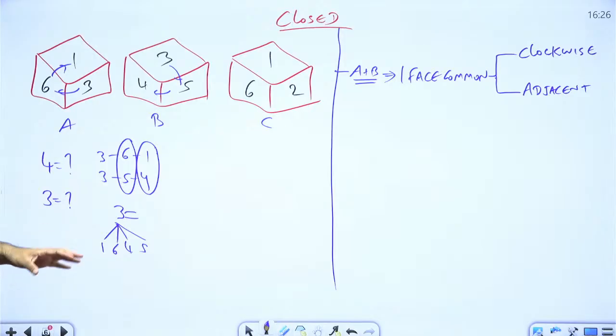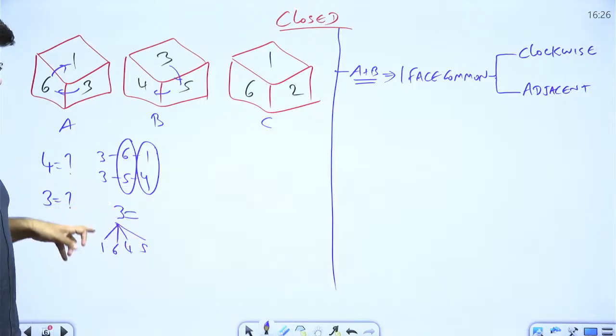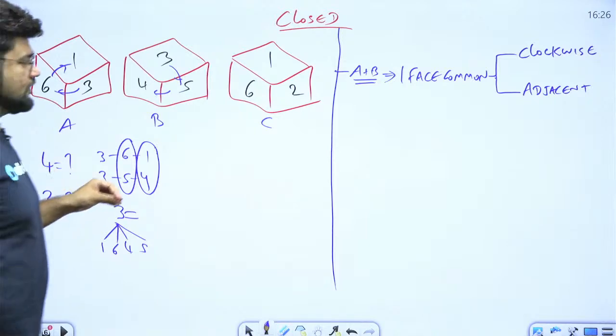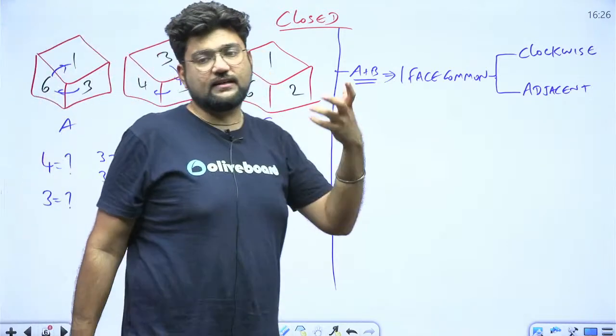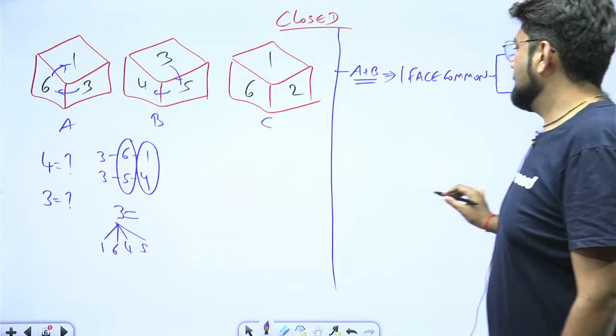That can be anything. It can be 2, it can be anything given in the option apart from 1, 6, 4, 5. So that you will choose based on the options. In this case, if 2 was the case, 2 would have been the answer. So this is known as the adjacent method.